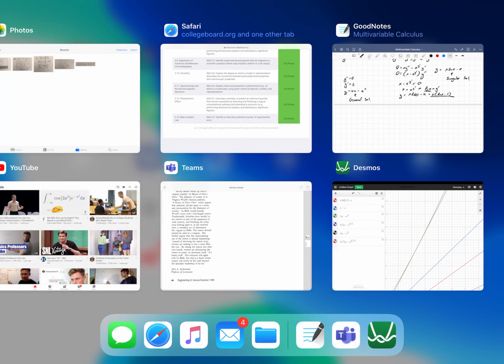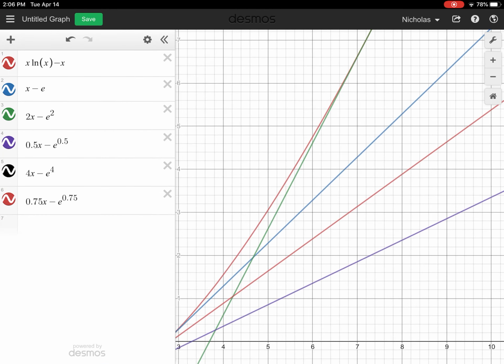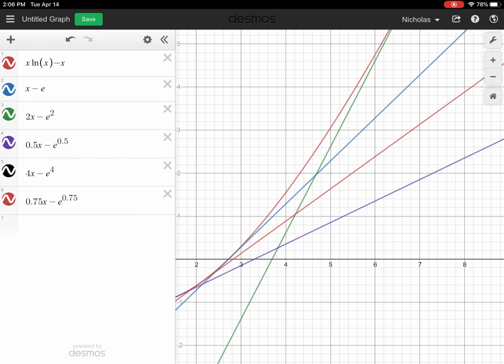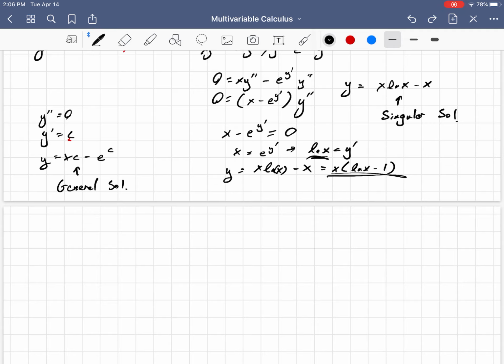How do we know they're tangent? If we do some derivative stuff, let's see. Let's say we wanted to construct a line tangent to the curve x ln x minus x at x equals e, for example. We should get the equation y = x minus e using the usual procedure.